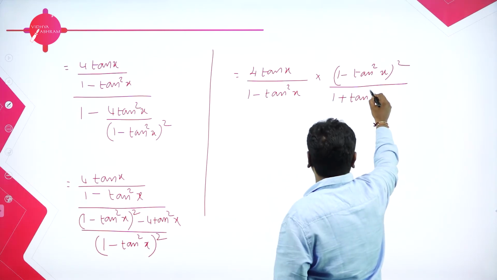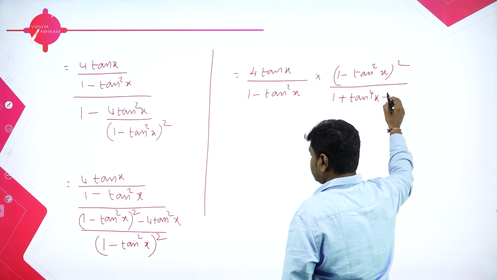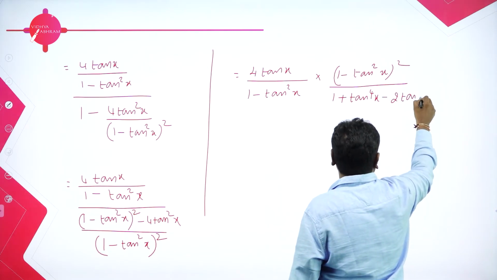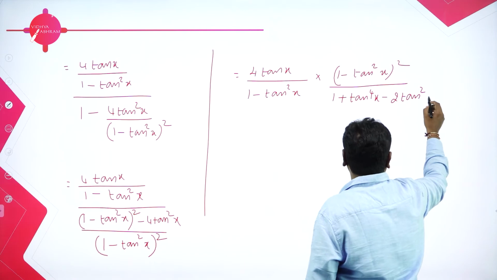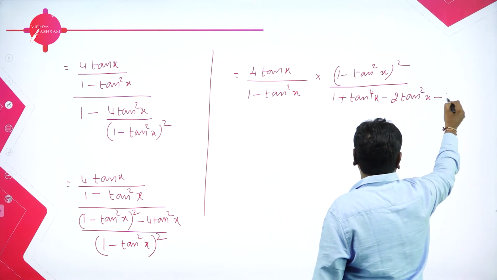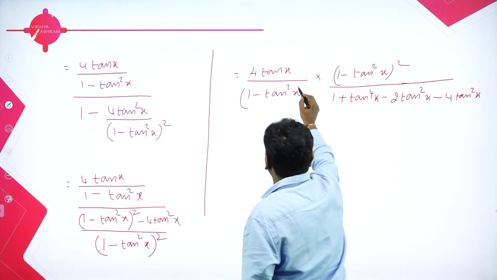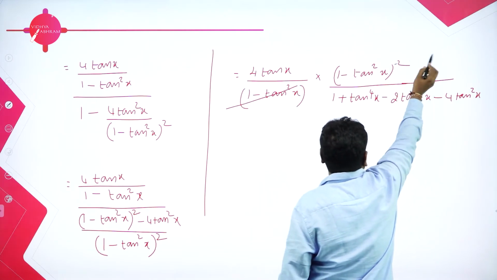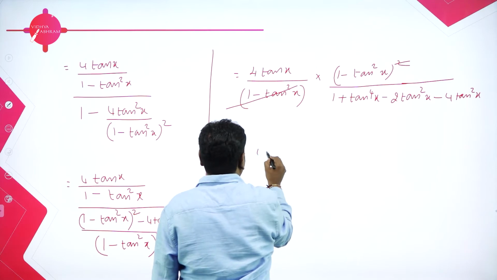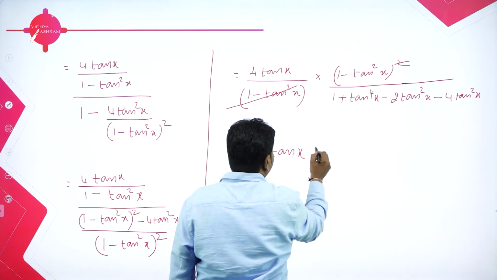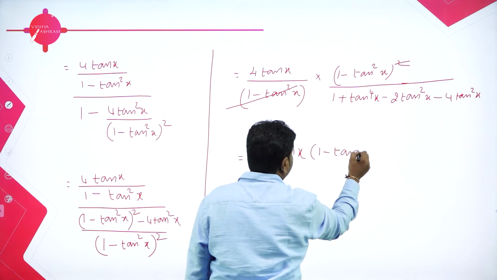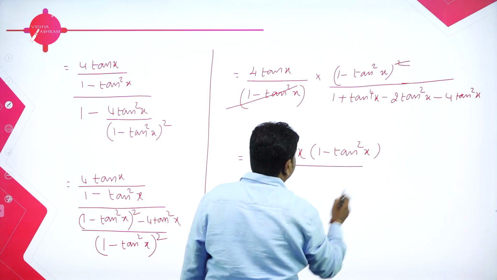B square means tan power 4x minus 2ab, 2 tan square x, 2 tan square x minus 4 tan square x. Now this 1 minus tan square x and 1 term cancels. So numerator we are left with 4 tan x into 1 minus tan square x divided by denominator.